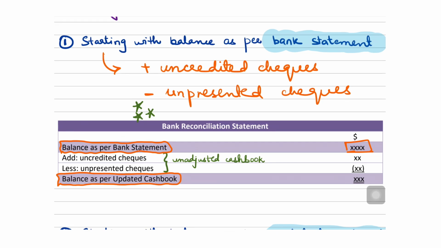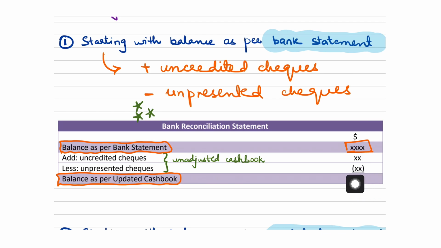So the ultimate goal is to reconcile the bank balance by first extracting it from the updated cash book and then getting the same value in the bank reconciliation statement as well, right?